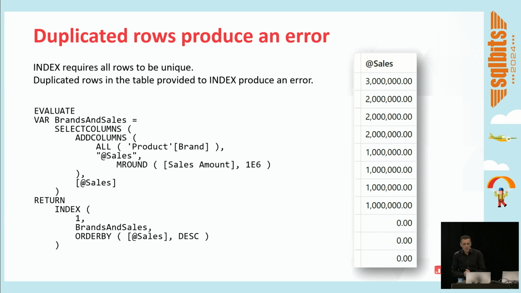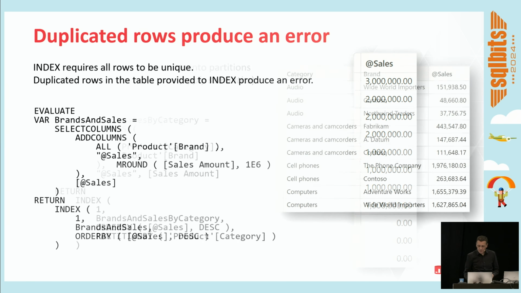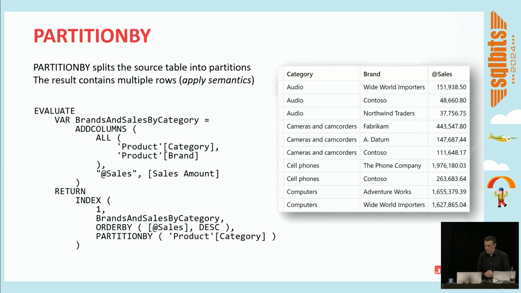Now, we talked about that, and let's go to partition by. So far, I used index returning one row. But index is a table function that could return multiple rows. And one of the arguments of index can provide the partition. What is a partition?